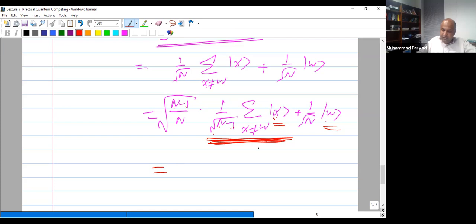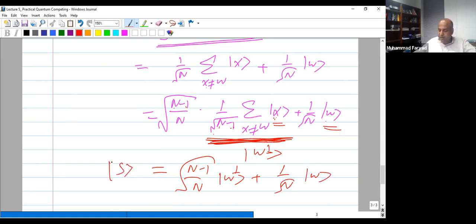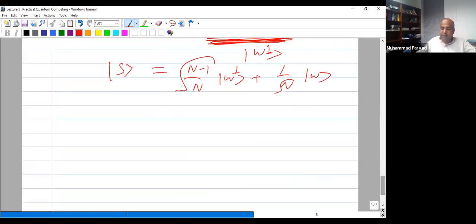So I can call it, let's say, W perpendicular. So now I get the square root of (n minus 1) over n times W perpendicular plus 1 over the square root of n times W. I still haven't applied my Grover operator. I'm just rewriting the state in terms of a component which is the solution and everything else which is not the solution and which is orthogonal to it.